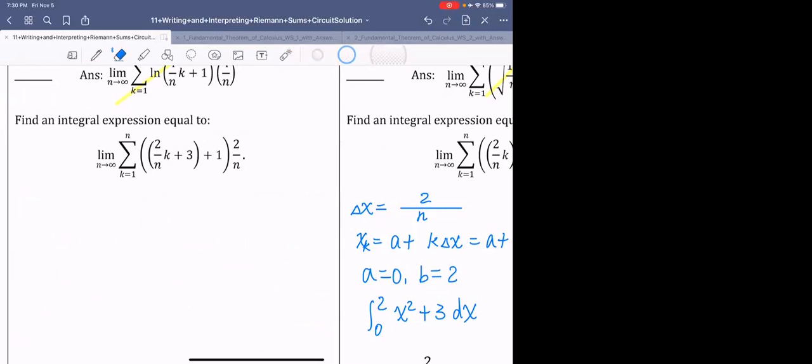All right, Zijun, let's try this together. Our step one is find out delta x. Who is delta x? This one, 2 over n. This also equals to b minus a over n, okay? And look at this format.